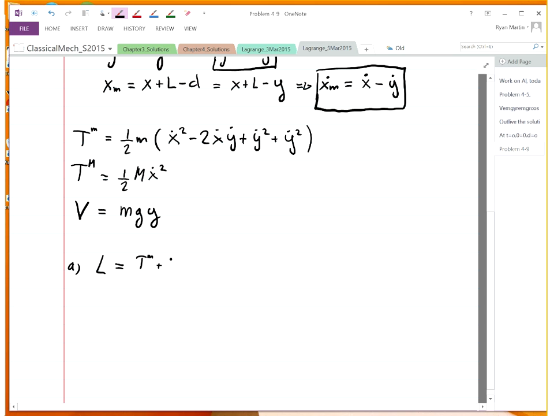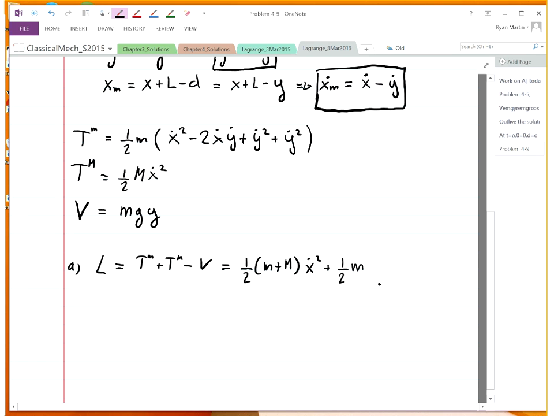So now for part A, we can write out the Lagrangian as T minus V. That's T little m plus T big M minus V. Both of the kinetic energies have an x dot squared in them, so let me write this as half lowercase m plus capital M times x dot squared.